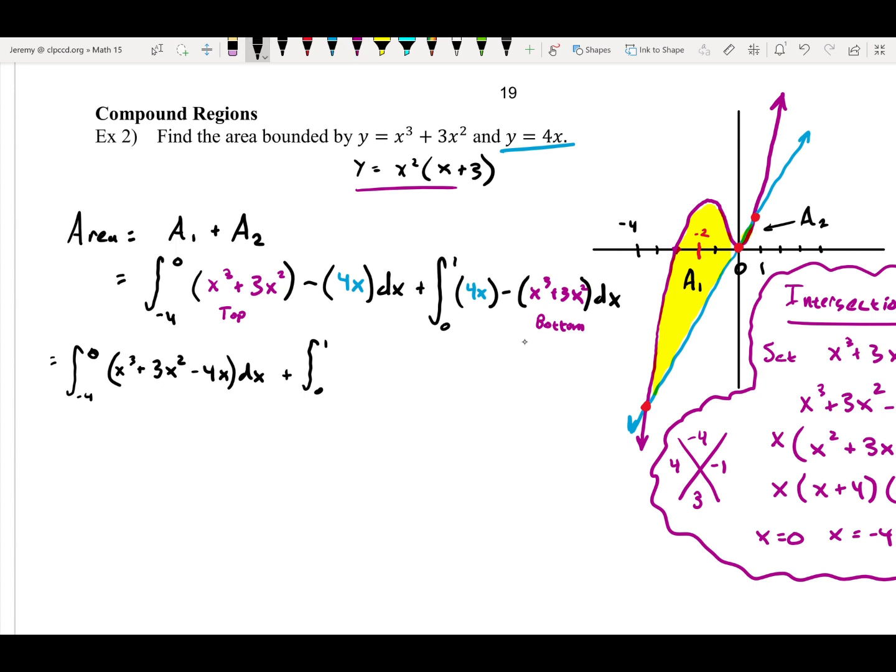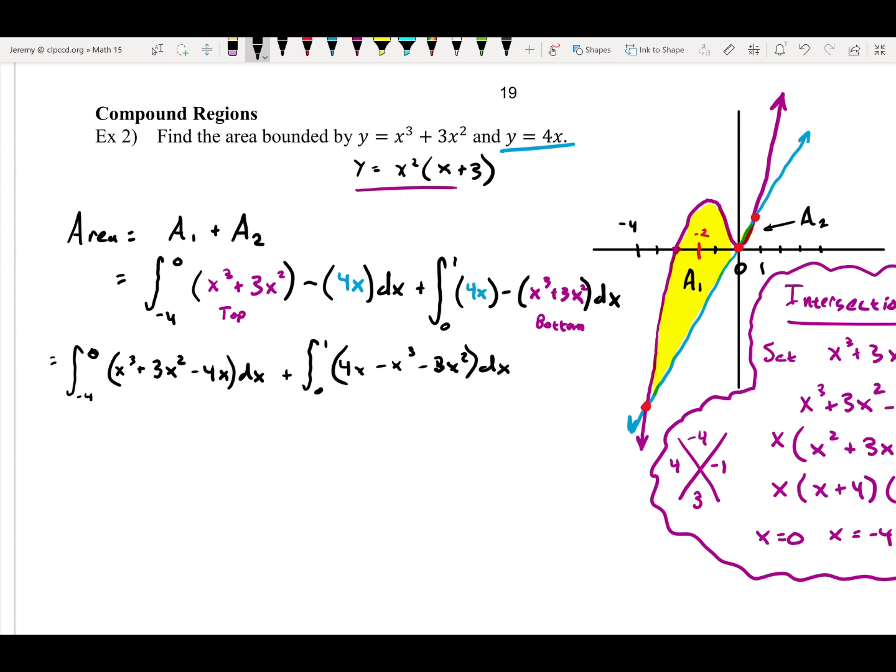I'm going to write it like this: just 4x minus x cubed minus 3x squared.